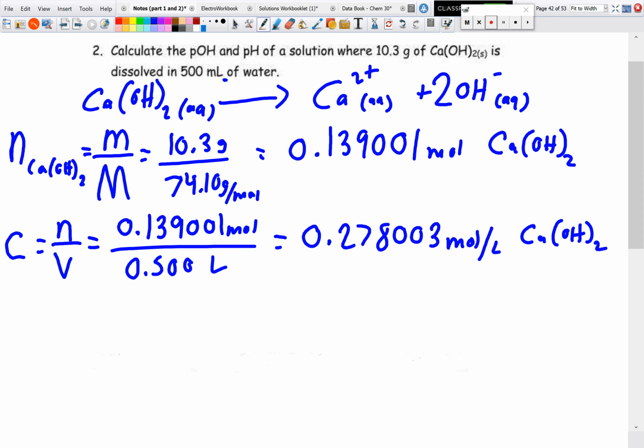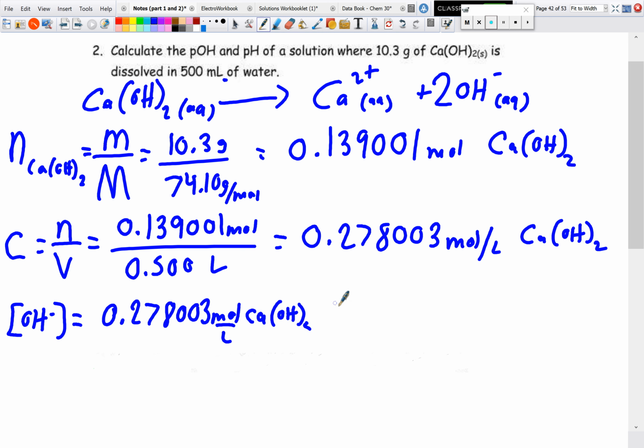So this is fine. Now that we have a concentration of one of the things in our balanced chemical equation, we can use our concentration of ion step to figure out the concentration of the ions. In this case, the concentration of the hydroxide ion is what we need. So in order to do this, we get our 0.278003 moles per liter of calcium hydroxide, and we do our conversion factor.